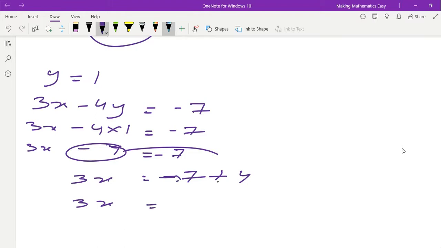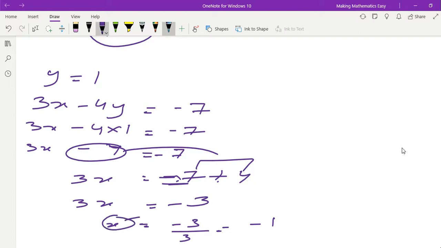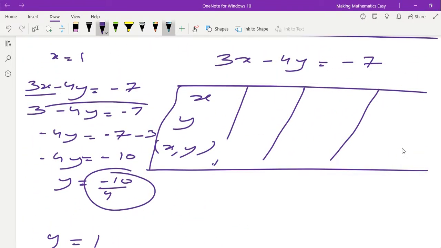Minus 7 minus 4, you have to subtract: 7 minus 4 is 3, but the sign should be of the bigger number, which is 7. Now when this 3 comes over here, it will be divide, and you get the answer as minus 1 when the value of y is positive 1. So your coordinate will be minus 1 comma 1.